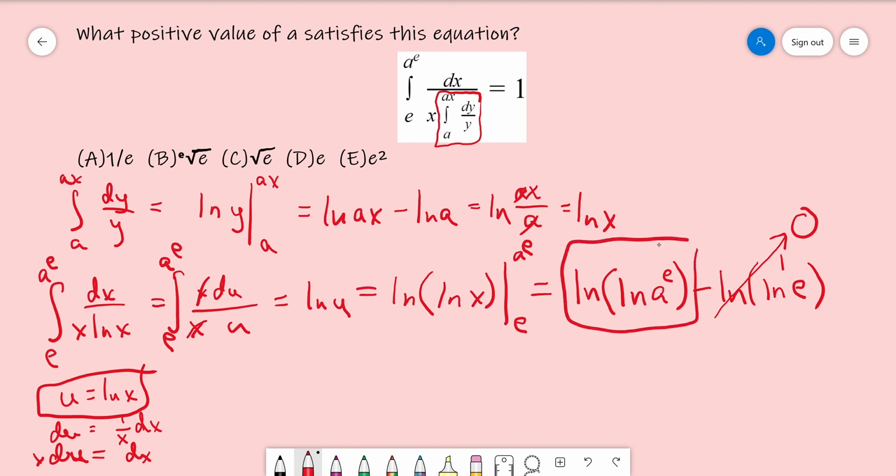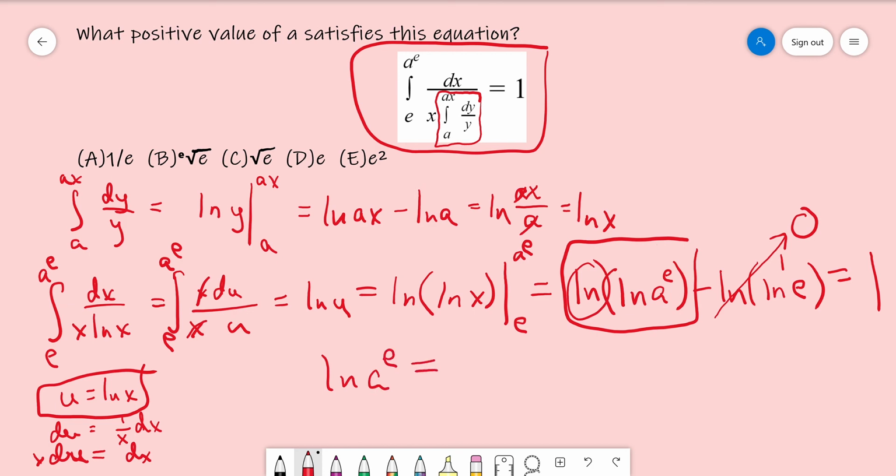Now we're told that this whole integral is equal to 1, and we're asked what is the value of a. So let's set this equal to 1. If we take the exponent of both sides, that will get rid of this log here. So we get the natural log of a to the e equals e to the first power, so that's just e.